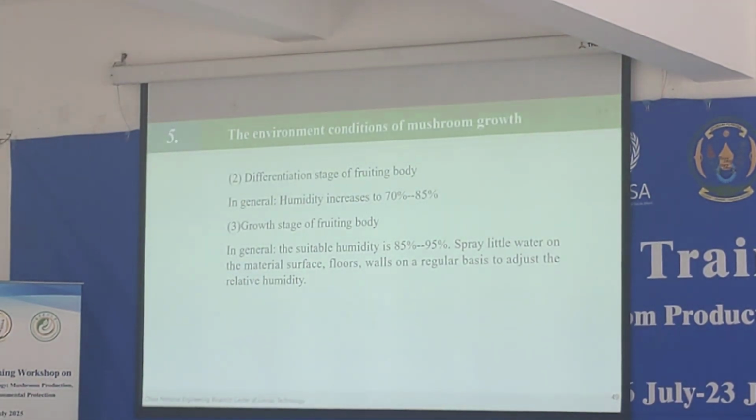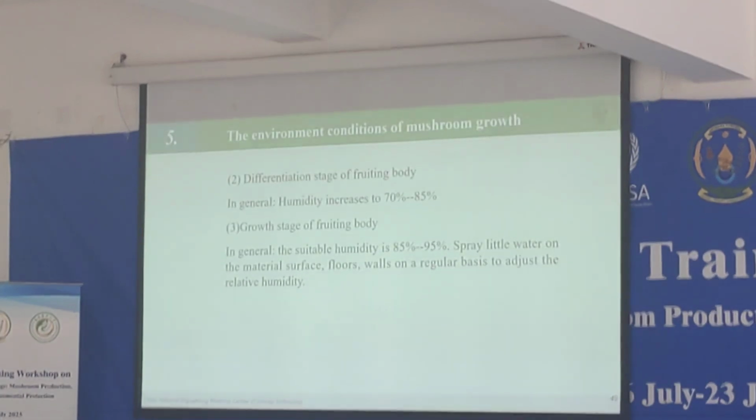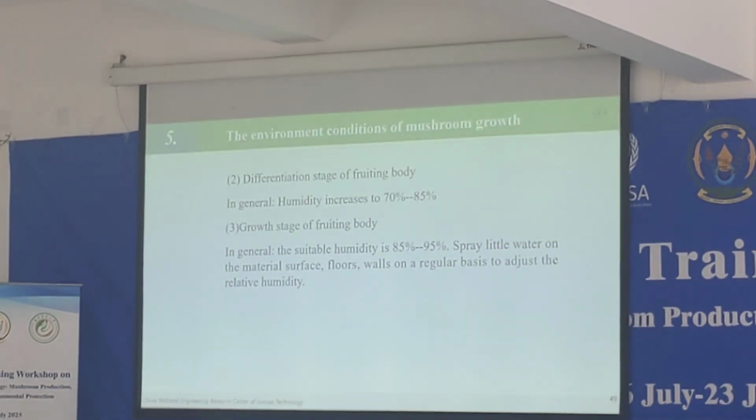For the fruiting body, we need higher humidity. For the differentiation stage, the humidity will increase to 70 to 85%.